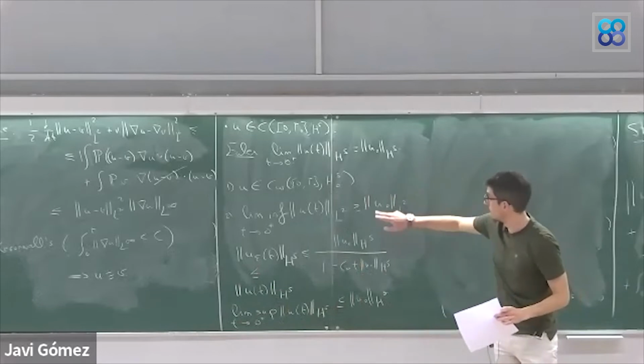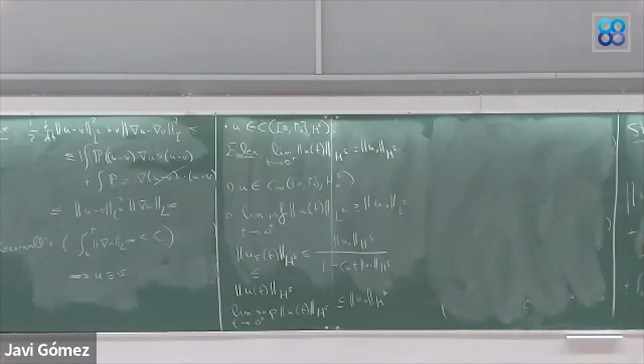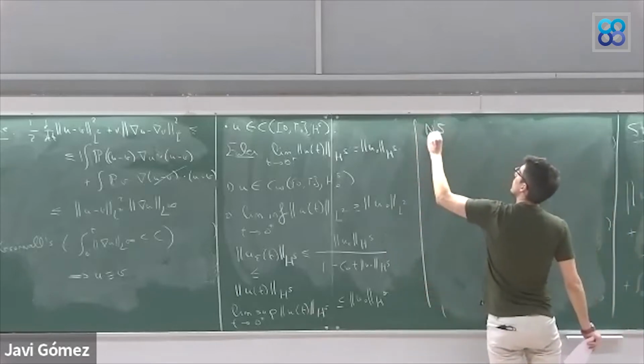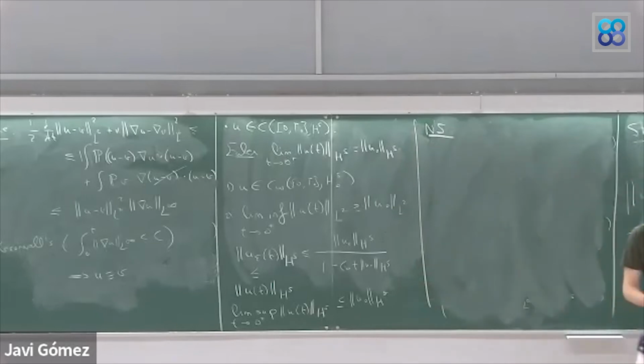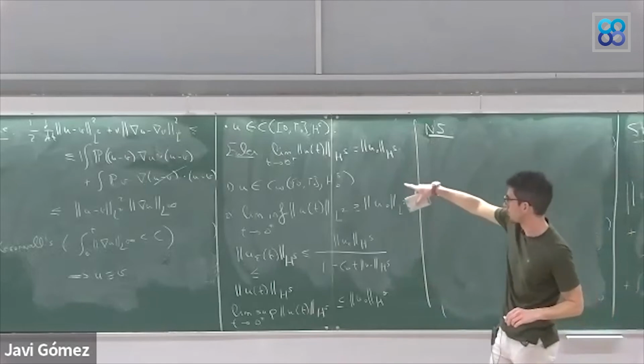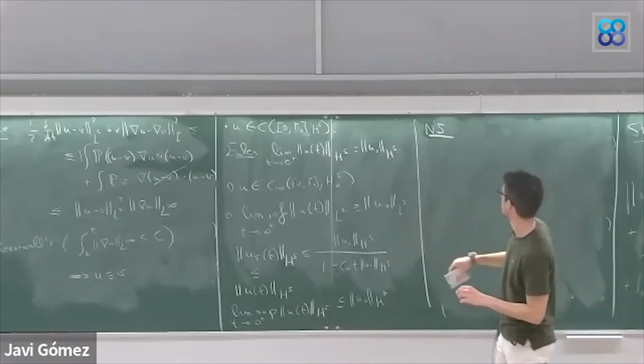So we have here and here, and we conclude for the Euler. And okay, for Navier-Stokes, we can also show with this argument that we have continuity from the right.